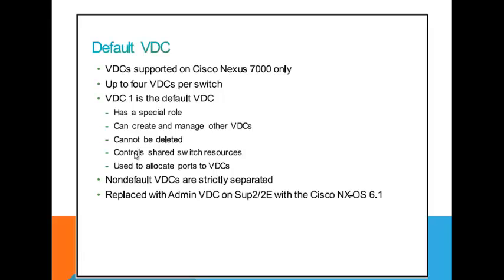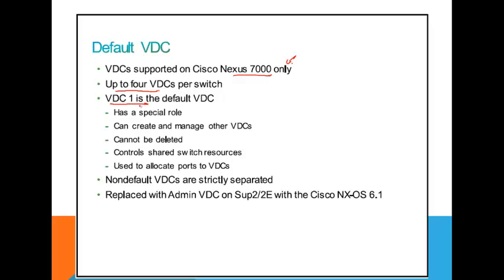Default VDCs are supported in Cisco Nexus 7000 only. So up to 4 VDCs we can have per switch, and it is not all 4 going to serve us.